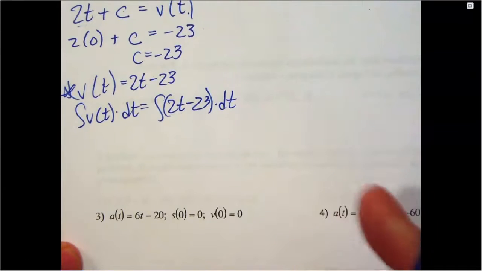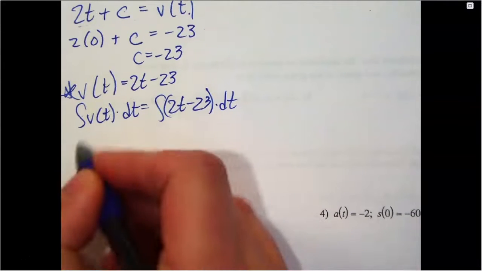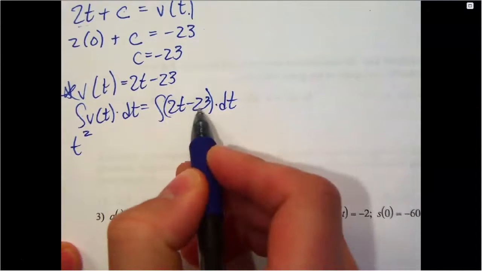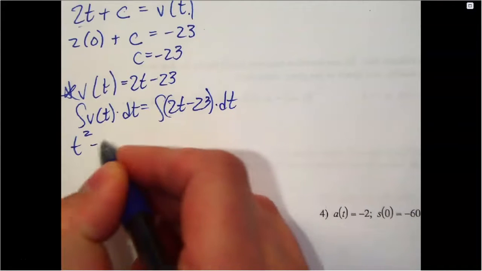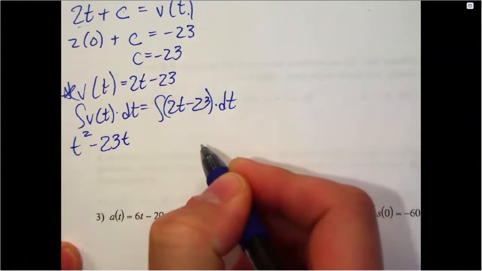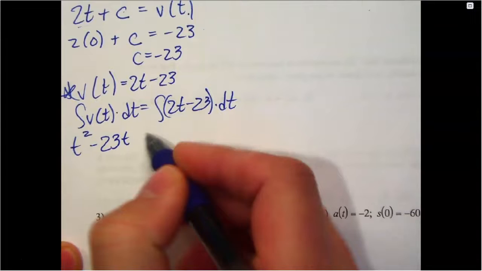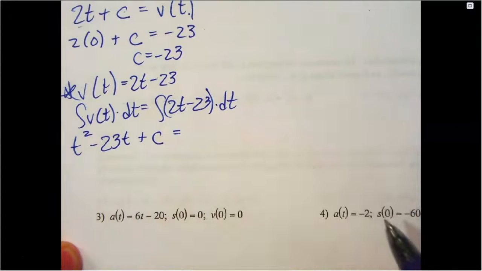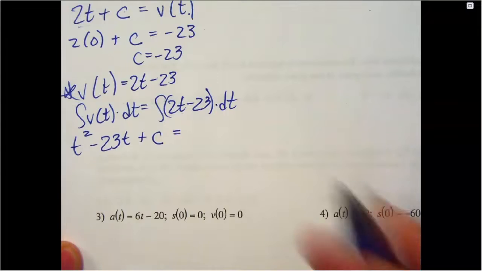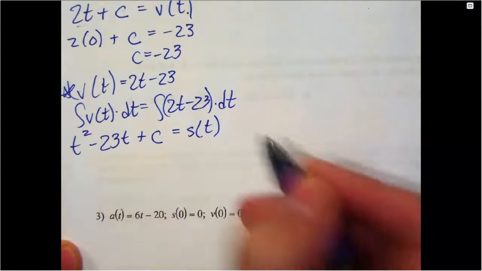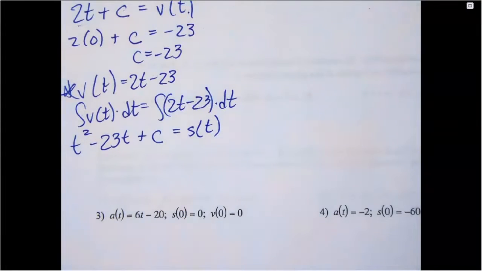The integral of 2t is t squared. Then the integral of negative 23 is negative 23t, and then plus c. And what does that equal? S of t. It equals position, because if I have integrated velocity, I'm going up a level, which puts me into position.